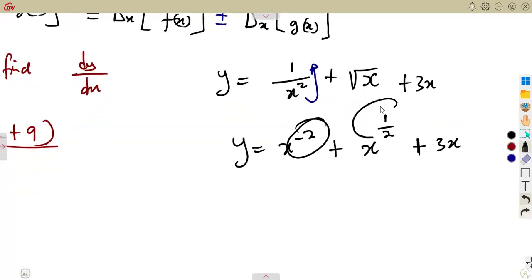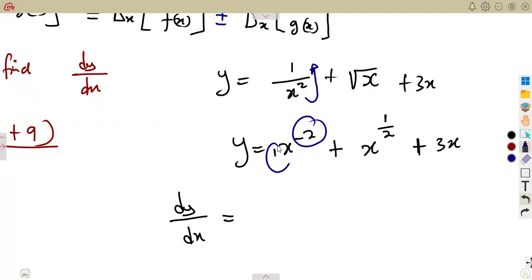We have got the powers affecting x. So let's differentiate. The derivative of y with respect to x is going to be what? There is a 1, so we're going to multiply. Remember the concept, -2 and 1. So that will give us a -2. Then we subtract 1 on the exponent, -2 minus 1, that is a -3. We drop the exponent here, then we subtract a 1. There's a 1 there. So you're going to multiply 1/2 times a 1.